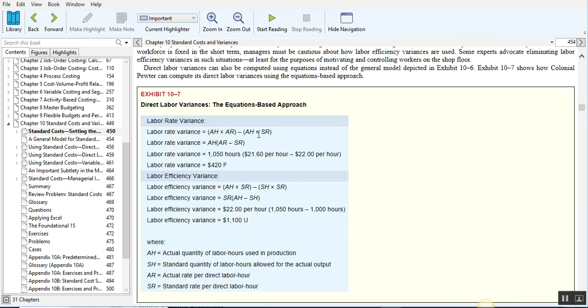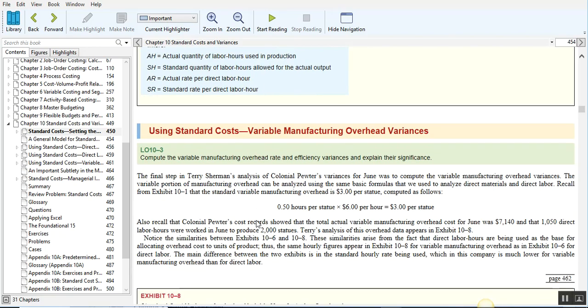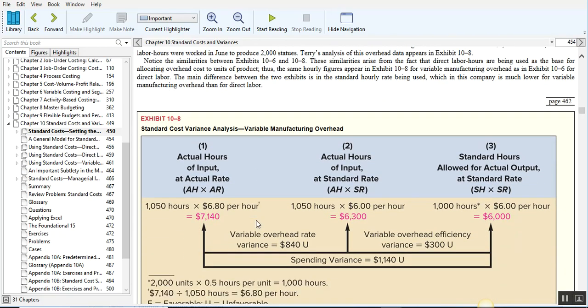Instead of making two equations here, we say actual hours times the actual rate minus the standard rate. It gives us a favorable variance. The standard rate for labor efficiency times actual hours minus standard hours gives us the labor efficiency variance. So those are the variances we want to talk about there.